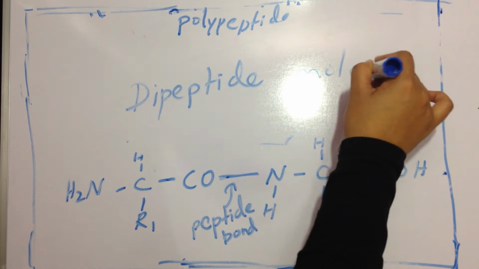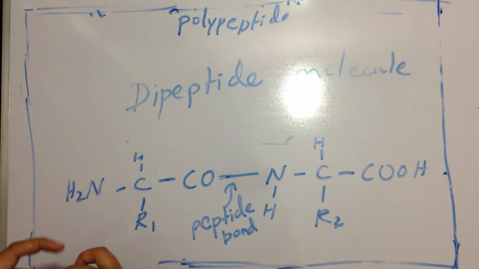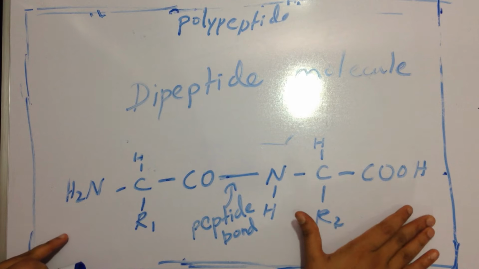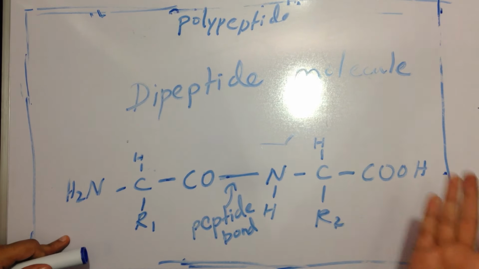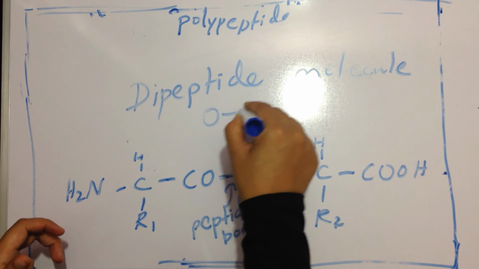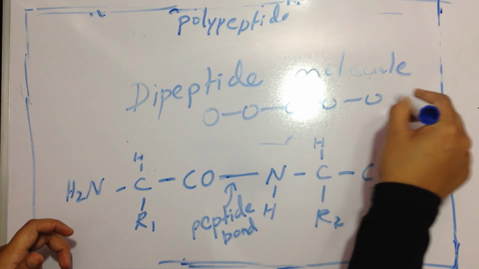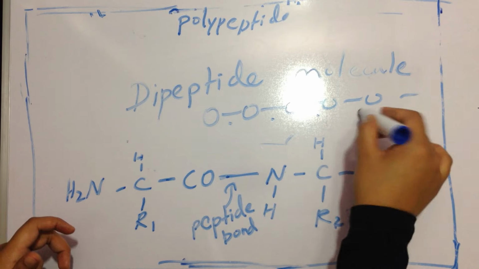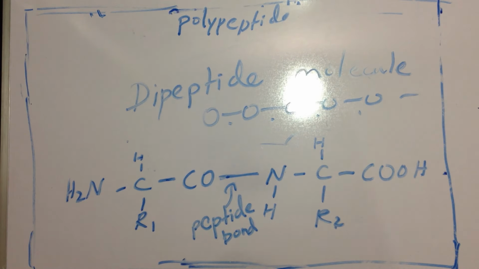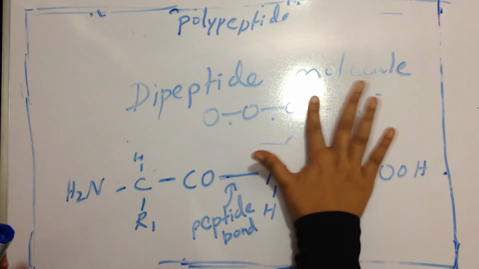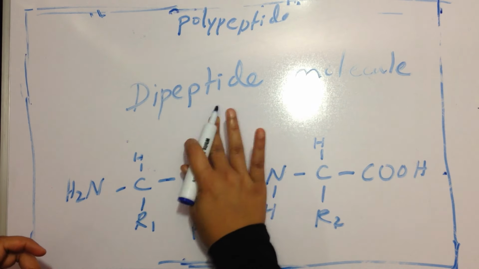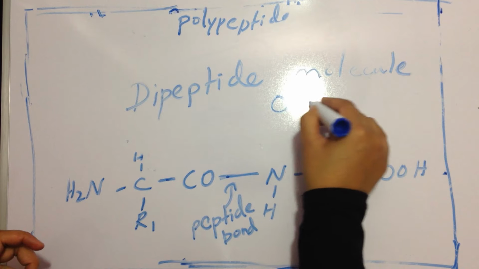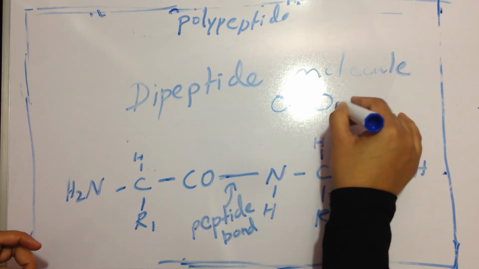When they form a polypeptide, loads of amino acids will bind together using this peptide bond, and then they will form a polypeptide chain, like this. These are peptide bonds. Just a quick exercise, to see whether you understood what I said.